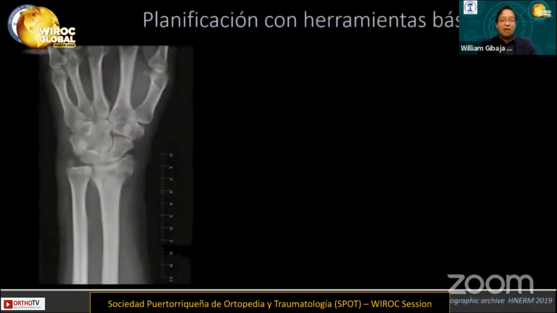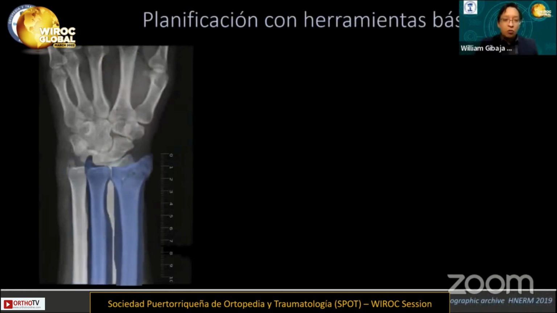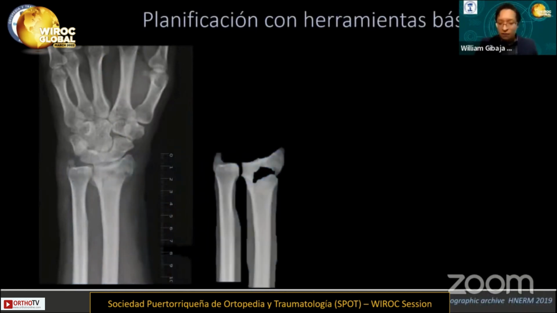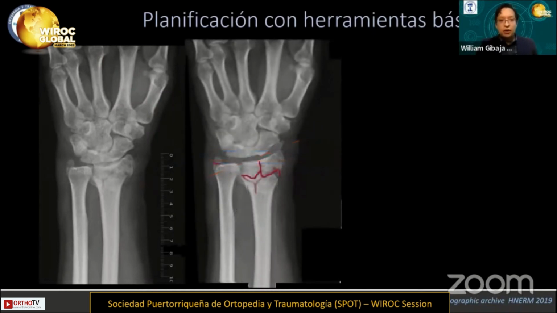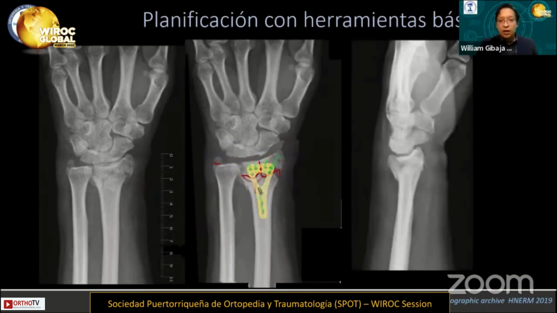What is the idea of this? We wanted to replicate exactly what we did on paper. So we remove all the bone fragments of the fracture, we reduce them, we give them the angles, the natural anatomic characteristics that we want to achieve. We translate these to PowerPoint, so we can then add our implant already to the scale that we had of the X-ray.